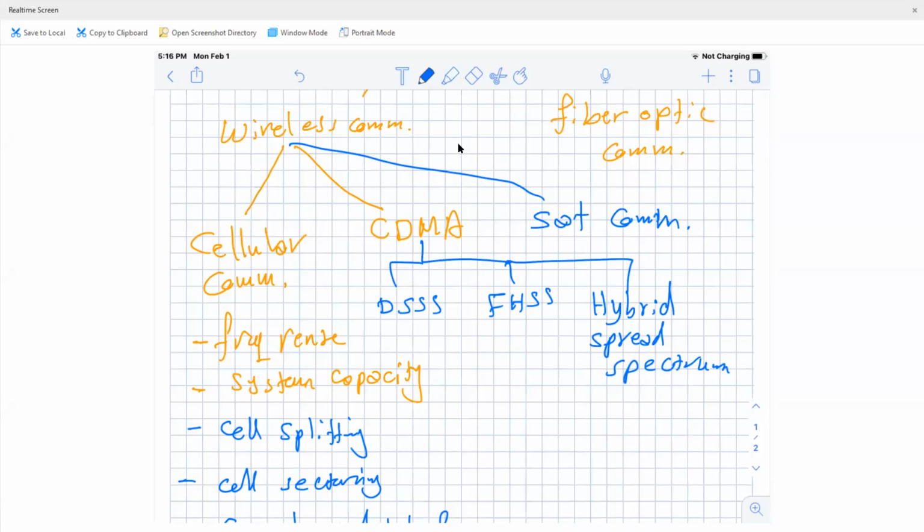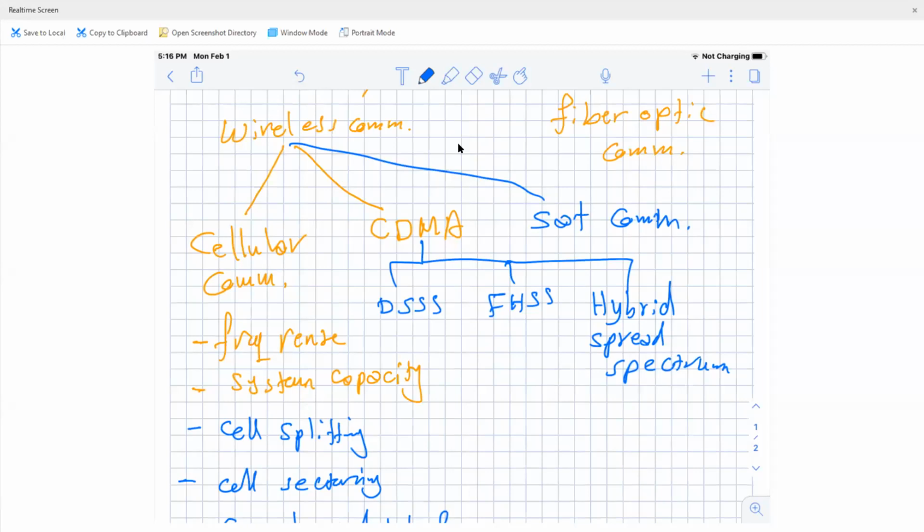Again, we may have a signal which travels from the satellite to the ground station, and again we are going to measure the signal at the two points. This technique is called link budget calculation. I mean, we will be able to determine the carrier to noise ratio and signal to noise ratio of the system.